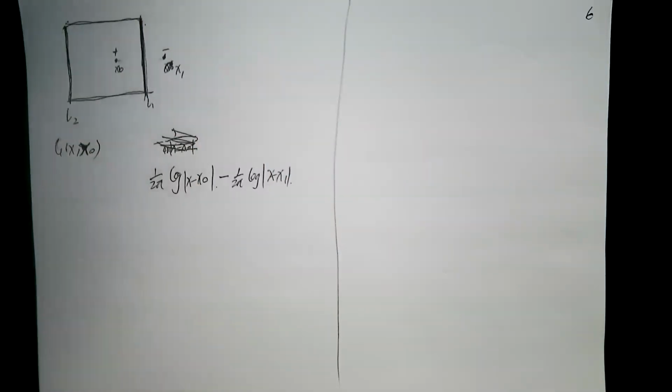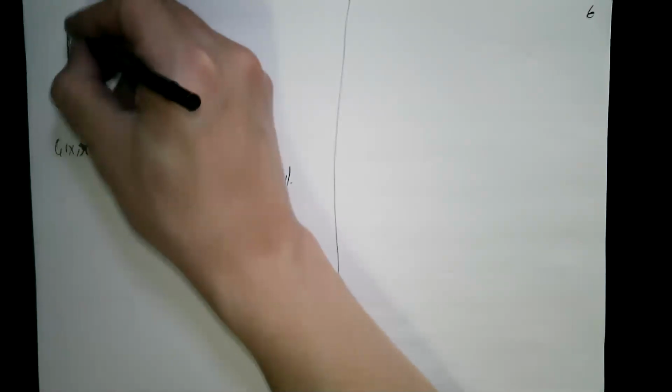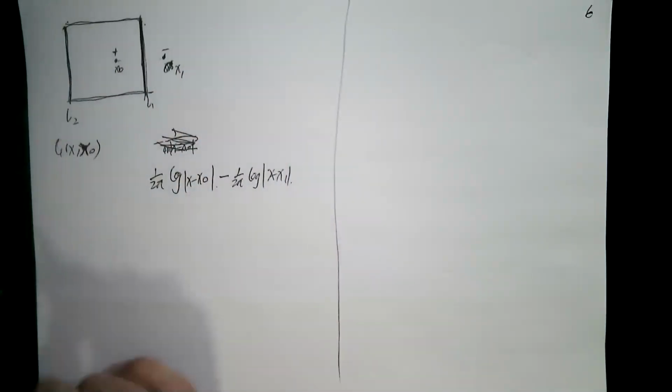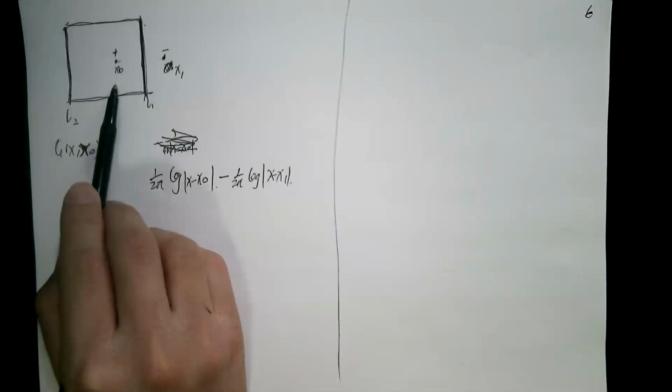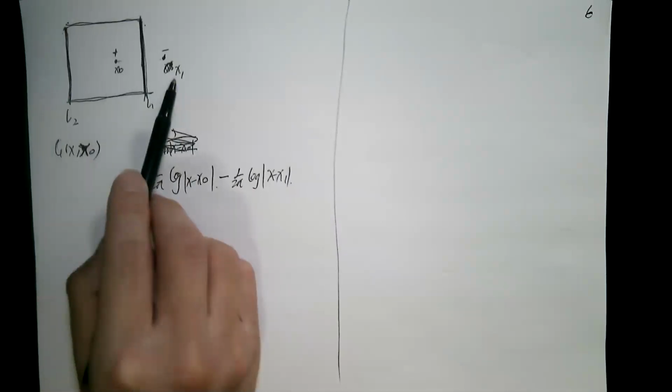Well, this might be slightly different from what we thought, right? Because if you want to cancel all the electric potential on L2, then what you want to cancel is all the effect from x0 plus all the effect from x1.